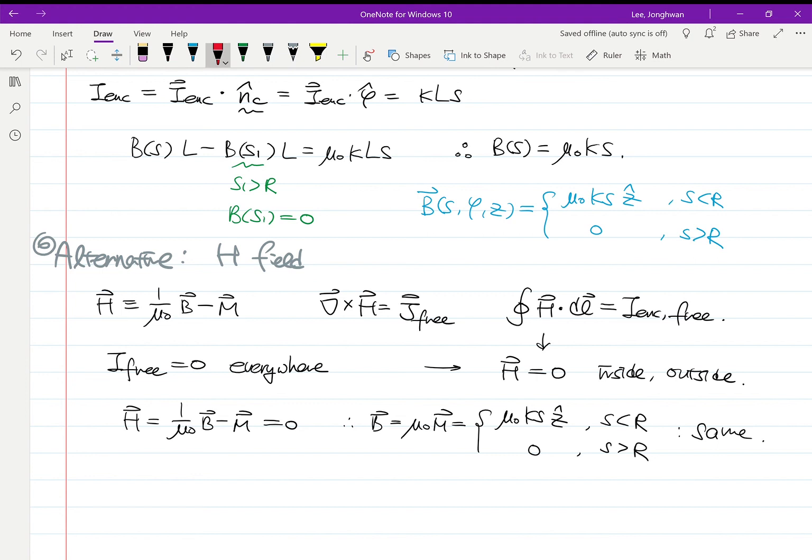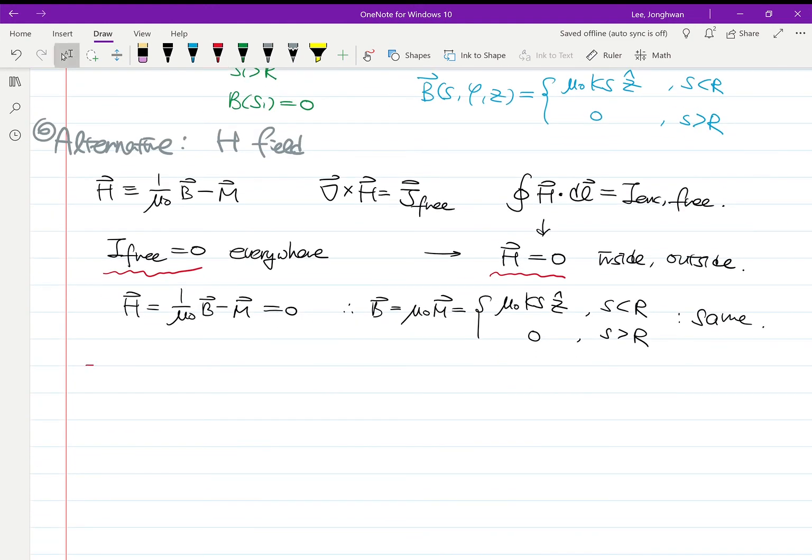Here, of course, I was not mathematically very accurate when I concluded that H equals 0 from J equals 0. So let me explain that a little bit more. J free equals 0 everywhere. Right? So when the free current density J equals 0, it means that the curl of H equals 0, right?